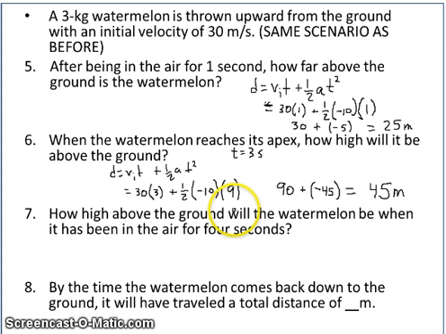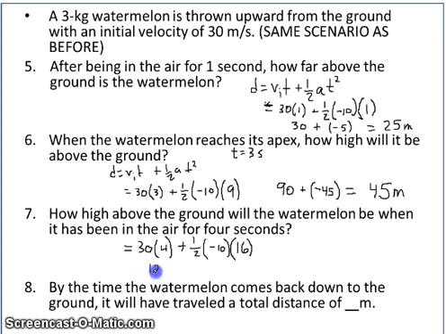How high above the ground will the watermelon be when it's been in the air for 4 seconds? Still using that same equation. Distance equals VIT plus 1/2 AT squared. Same equation as above. I'm not even going to write it again. 30 times 4 plus 1/2 times negative 10 times 4 squared, which is 16.